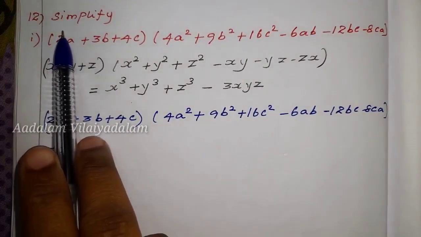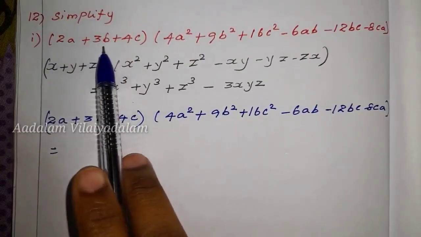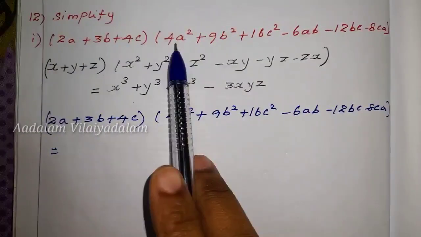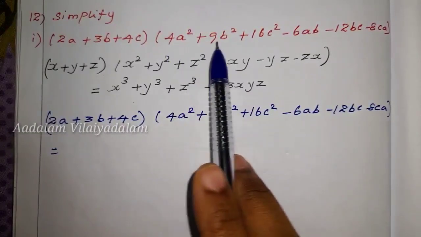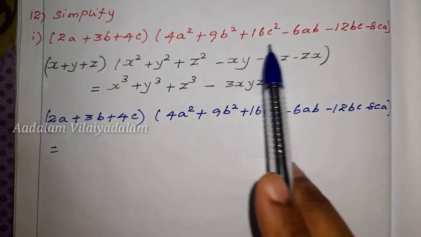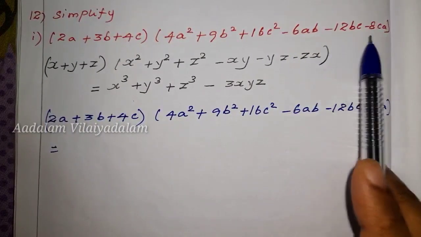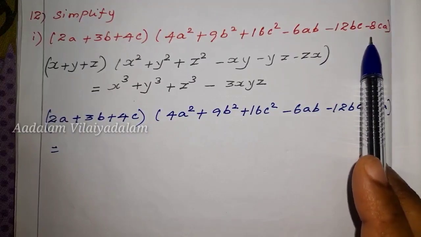12th question. Simplify the first one, 2a plus 3b plus 4c into 4a square plus 9b square plus 16c square minus 6ab minus 12bc minus 8ca.